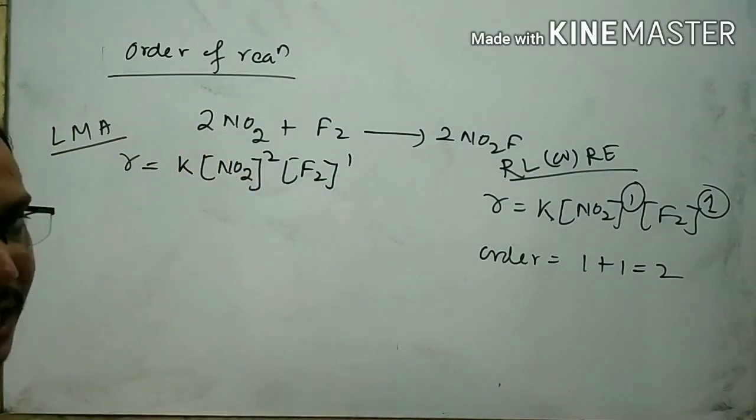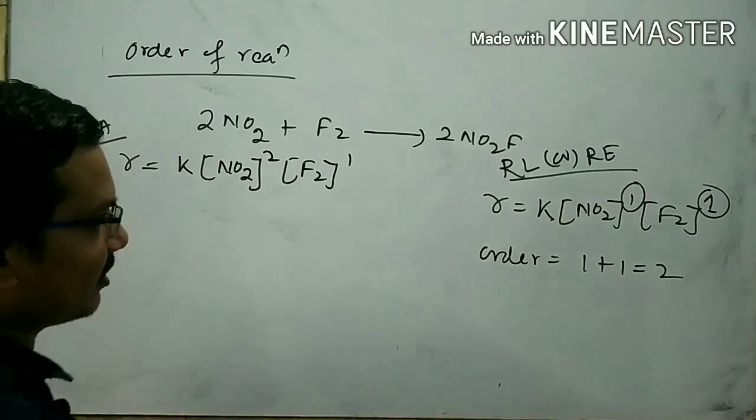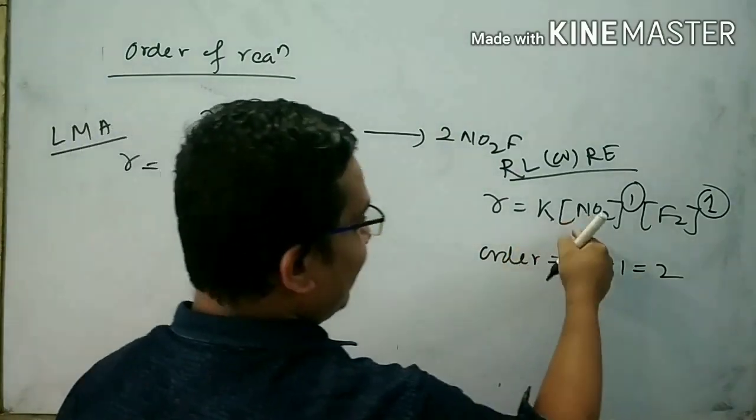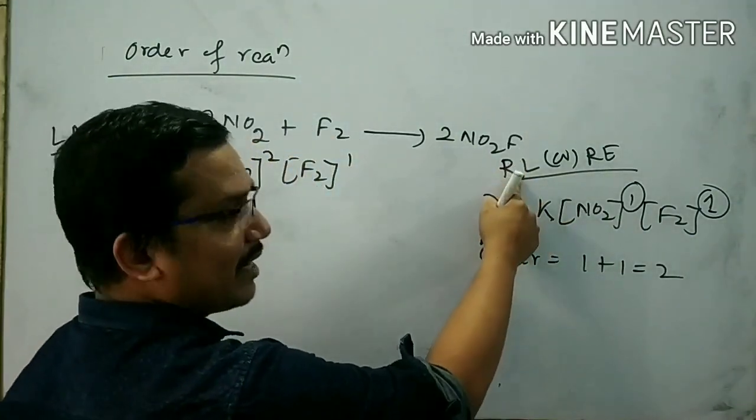If I want to write the definition of order of reaction, then it is the sum of the powers of the reactants in the rate law.